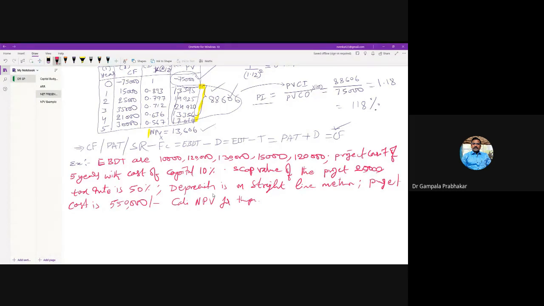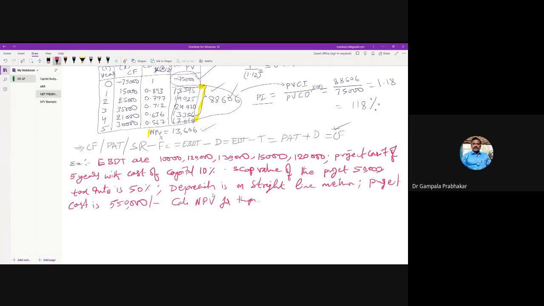The straight line method depreciation formula is initial cost minus scrap value by number of years life of the project. So here scrap value, how much do we put? Let us take 50,000 for simplicity of the problem.